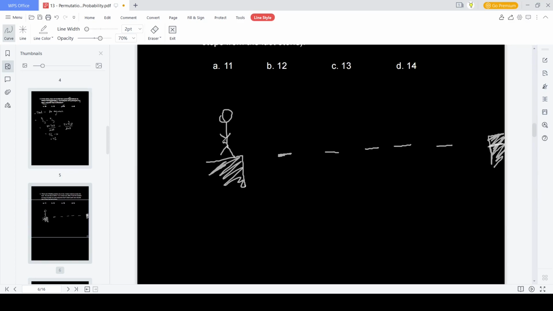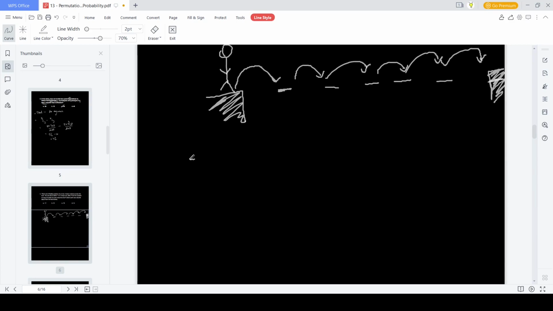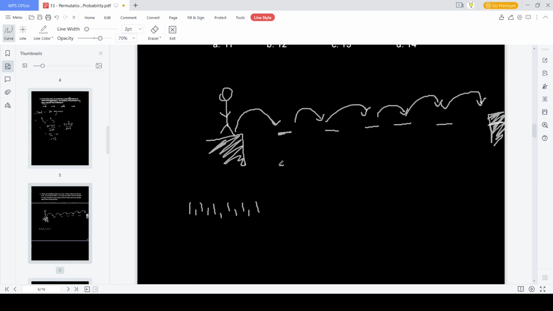See, he can either take 1 step or 2 steps at a time, right? So let's see, he can do 1, 2, 3, 4, 5, and 6. So he can do 6 ones. I'll just note it down. 6 ones, or he can do 1, 2, and then the remaining ones.